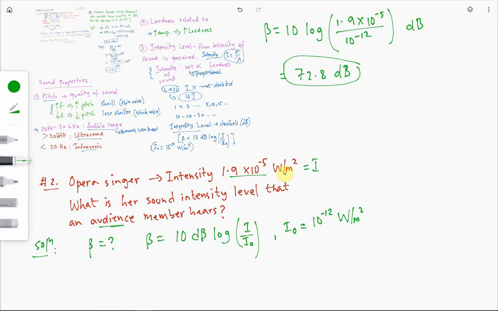If something is given in watt per meter squared, we're talking about intensity. If something is given in decibels, we're talking about intensity levels. If you're asked to find intensity level, think about beta. If you are asked to find intensity, think about watt per meter squared and this formula right here.